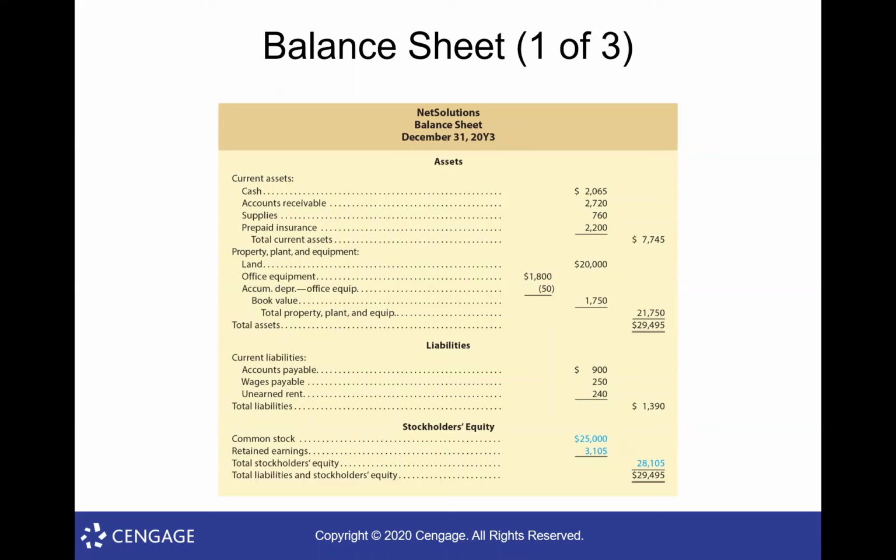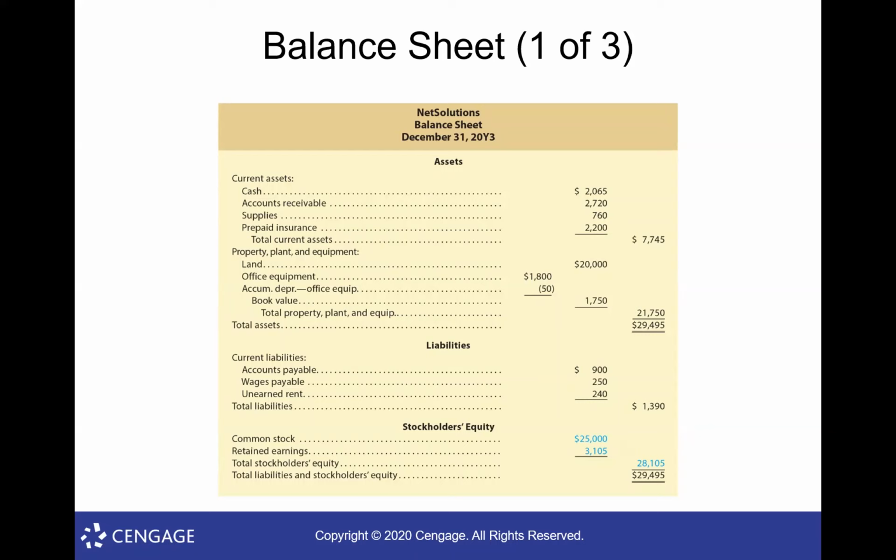Liabilities are also broken into 2 categories. Current liabilities, those are debts that we expect to pay off within the next year. And long-term liabilities, liabilities that will take longer than a year to pay off. This business, as of right now, only has current liabilities, and not very many of them, right? And then finally, our common stock.